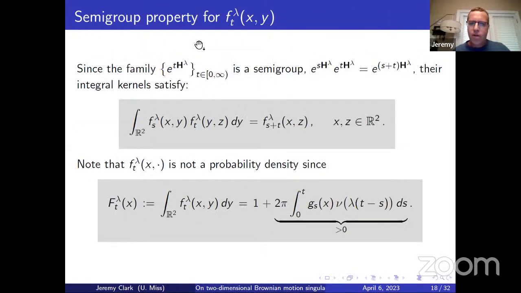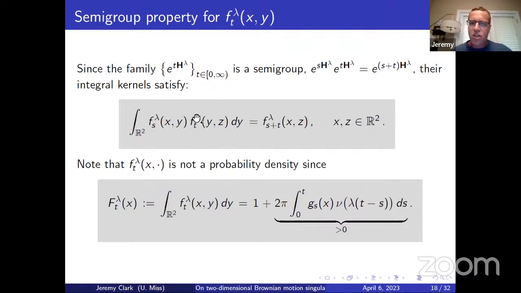Now this family of operators is a semigroup, just in the sense that you multiply exponentials and the parameter adds. So that means that the corresponding integral kernels should satisfy this identity right here. So this is the semigroup property.